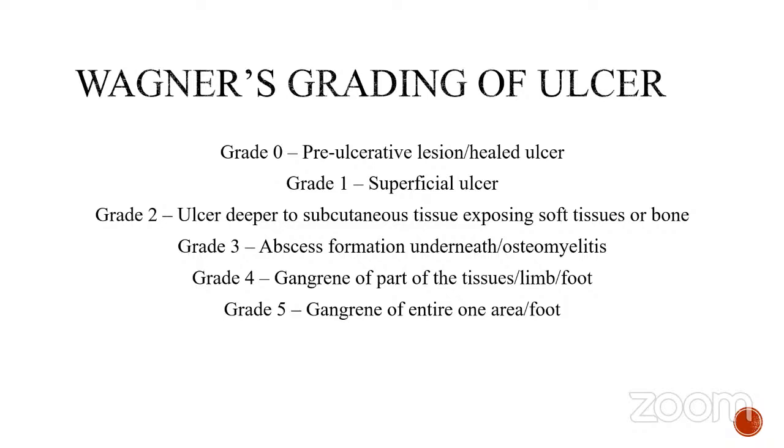In grade 3, we can see abscess formation or osteomyelitis if bone is the base. Then in grade 4, we can see gangrene formation of a region. That region will change into gangrene. But if the entire foot, or the entire affected area, becomes gangrene, that becomes the fifth grade.